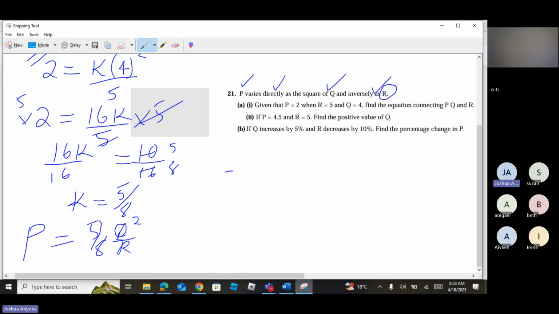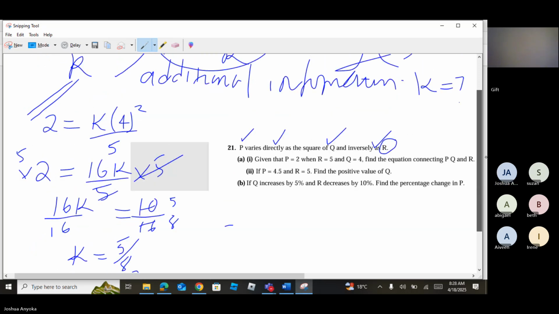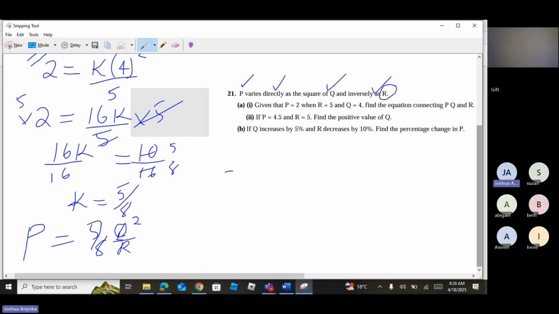But Roman 2. If P is equal to 4.5 and R is equal to 5, find the positive value of Q. So we substitute in the equation what we are given.